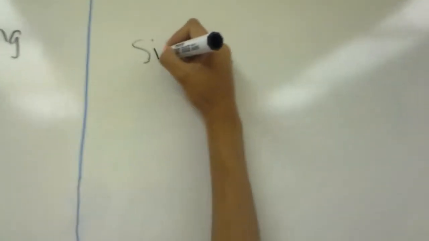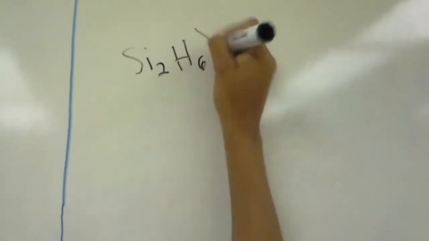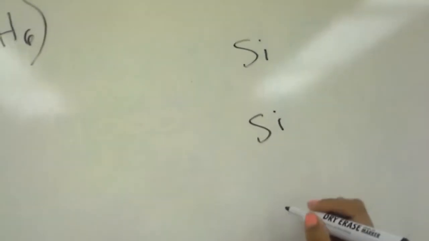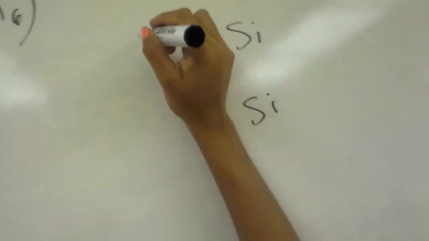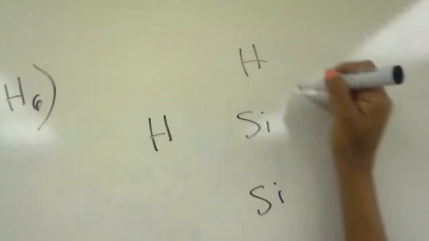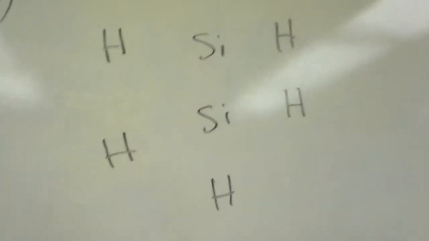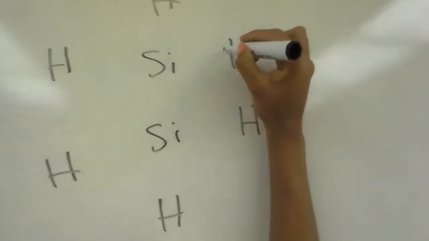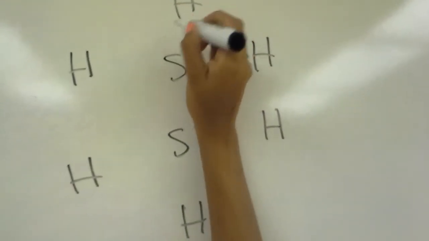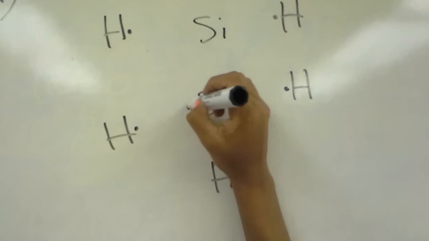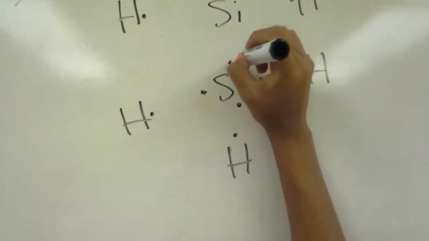Now for Si2H6. Same process. You have 2 Si and 6 hydrogen. Hydrogen only has 1 valence electron, so you draw these first. And Si has 4. Erase anything?